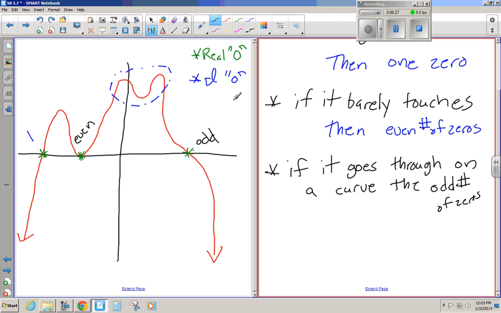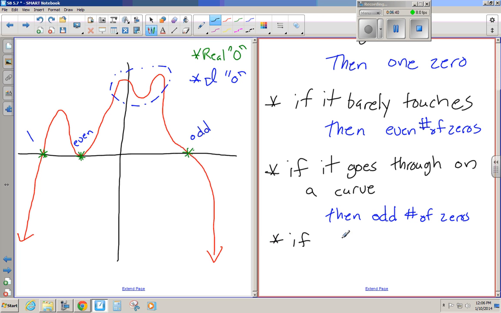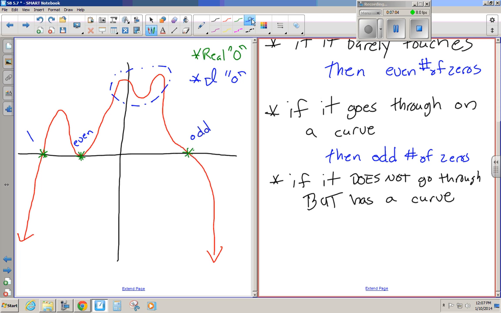And then the last part, okay. And lastly, if it doesn't go through, but has a weird curve, then it has an even number of imaginary solutions.